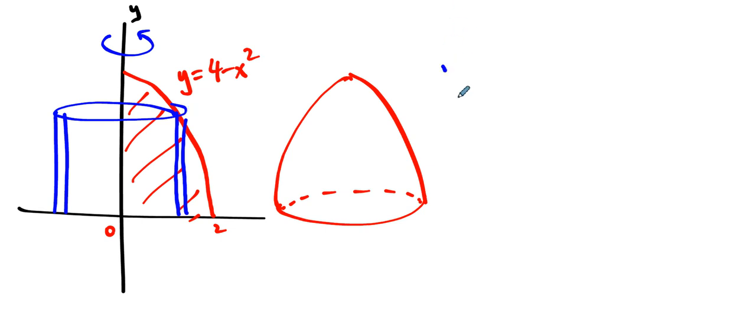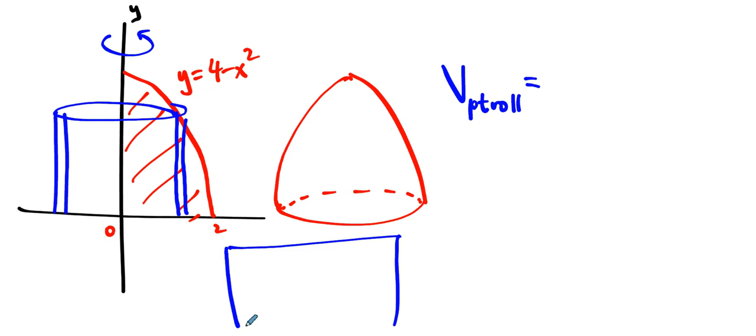So the question is, what is the volume of a paper towel roll? Well, now we're not interested in what goes inside the paper towel roll. We're interested in how much cardboard makes up the paper towel roll. So if we were to cut with scissors down here and unroll the roll, we would end up with something that looks like this.